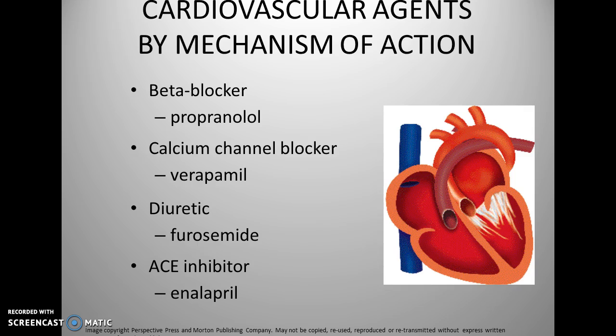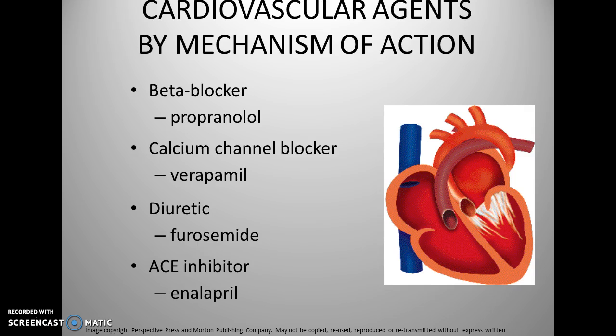You have ACE inhibitors. The "pril" drugs; that's an easier way of recognizing this particular drug. ACE inhibitors relax the blood vessels. They are often used to treat high blood pressure.